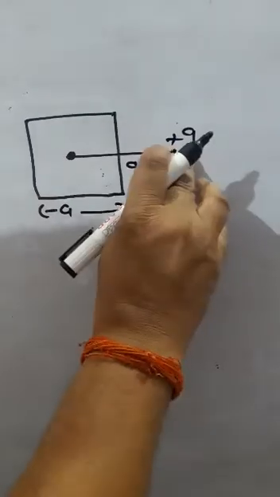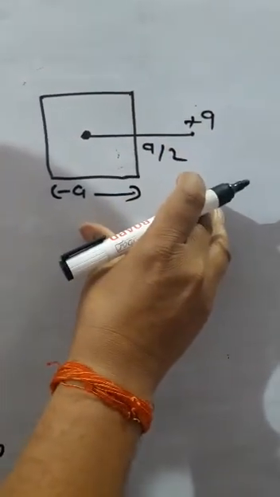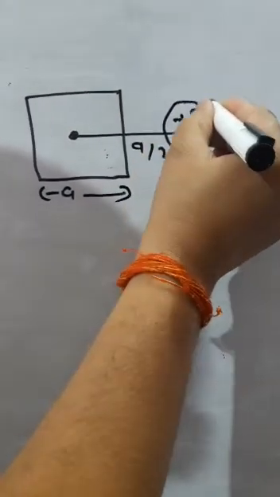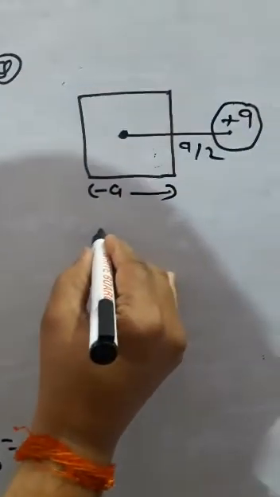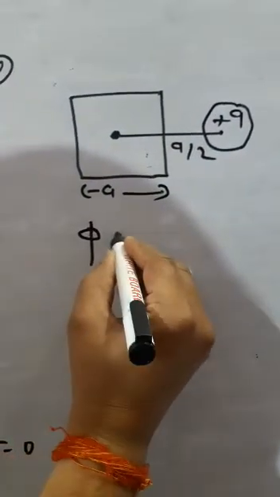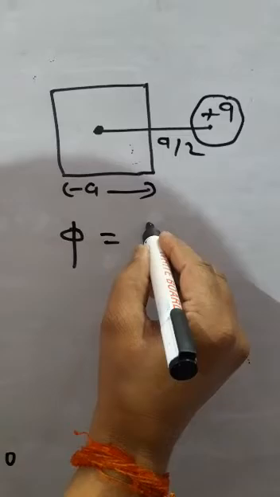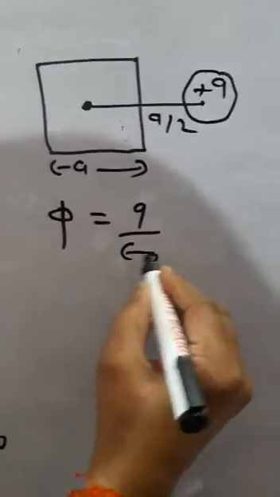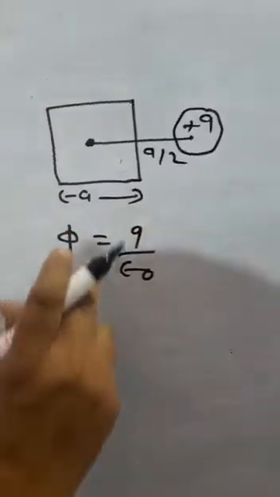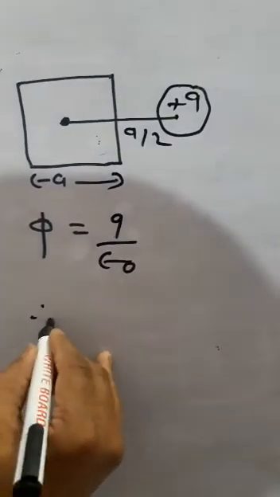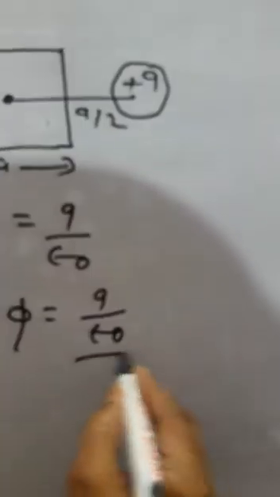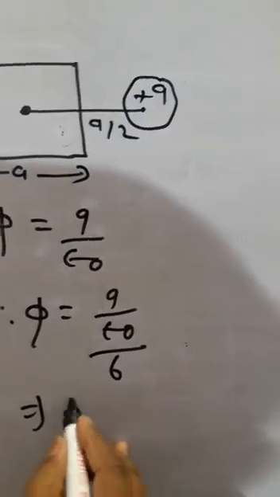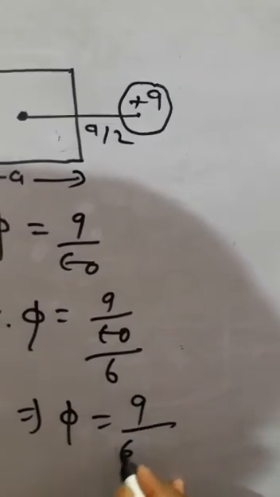Since 6 square plates form a cube and the total charge is placed inside the cube, therefore the flux linked to the cube is phi equals q upon epsilon naught. Since the cube consists of 6 plates, therefore the flux linked to any one plate is phi equals q upon epsilon naught upon 6, that means phi equals q upon 6 epsilon naught.